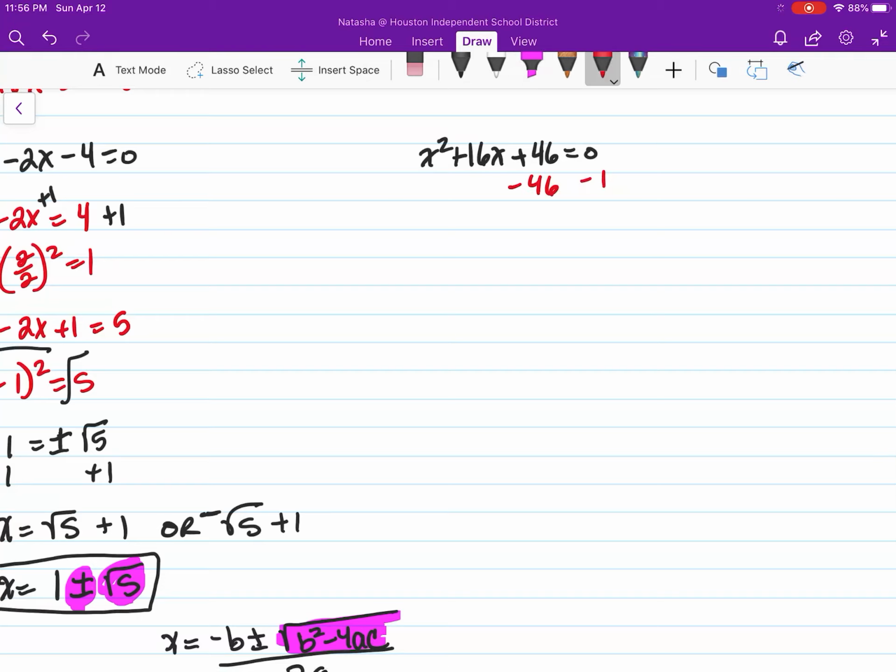All right. Now let's do the second one together, because this is another irrational. Again, I'm going to move that 46 over, so we're going to subtract 46. So it's going to be x squared plus 16x is equal to negative 46.